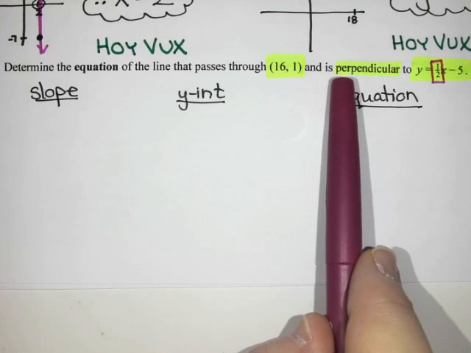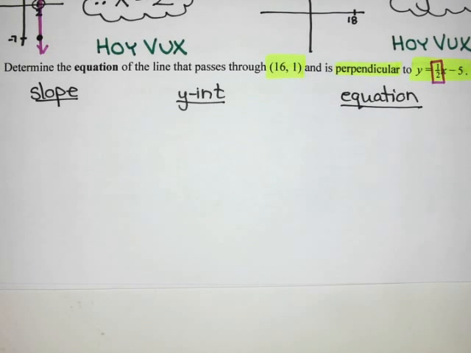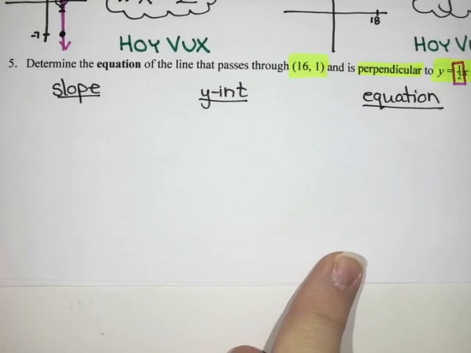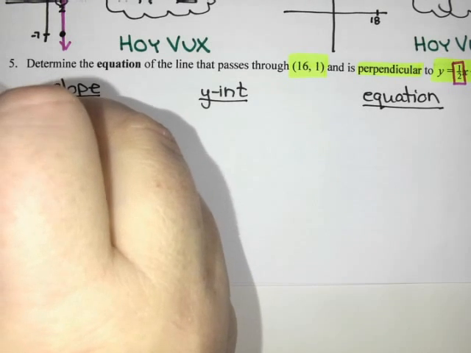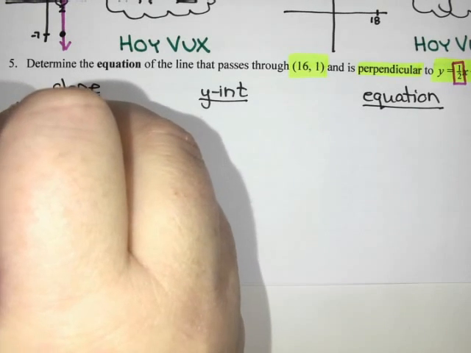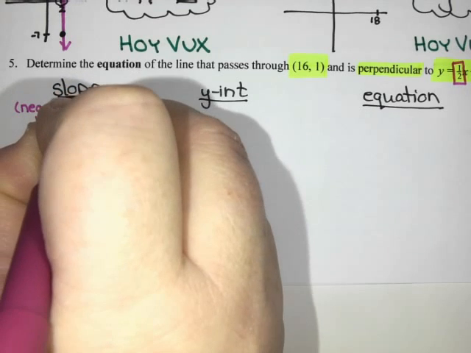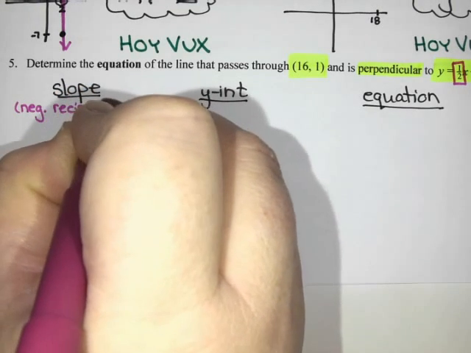So if it's perpendicular, perpendicular lines don't have the same slope. They have slopes that are negative reciprocals, which means you change the sign and flip it over. So I'm just going to make a note here that it is the negative reciprocal slope.